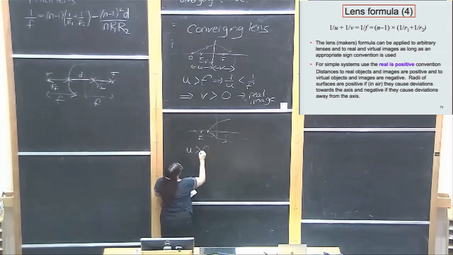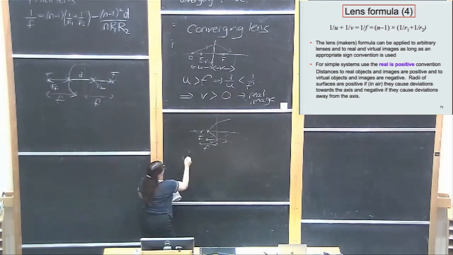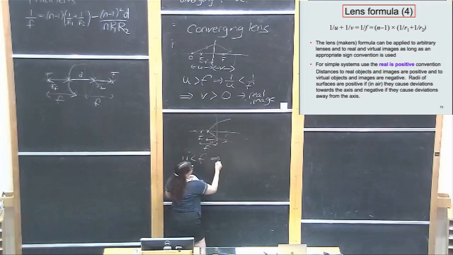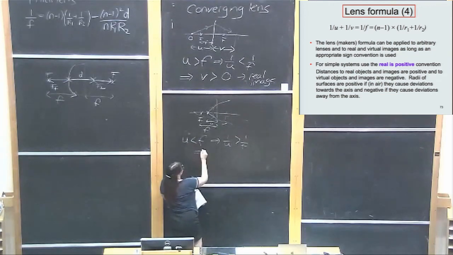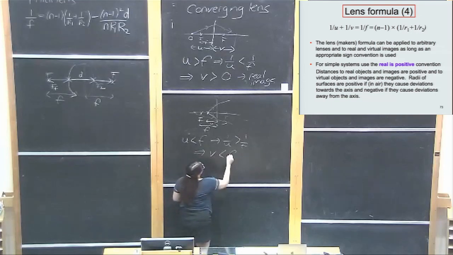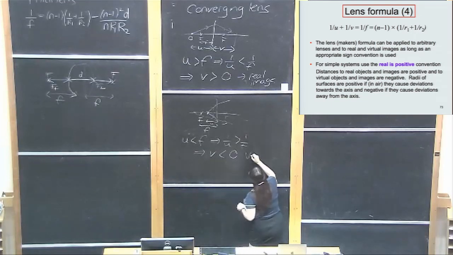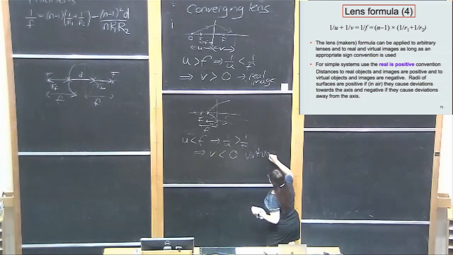That's supposed to be my u. So u is now less than f. Implies, of course, 1 over u is greater than 1 over f, and looking back up there, that's going to mean that my v is less than 0. So it's negative, and that, in this sign convention, is always going to indicate that I have a virtual image.